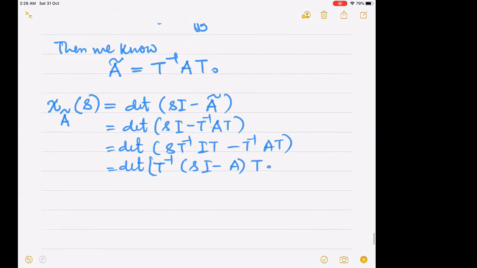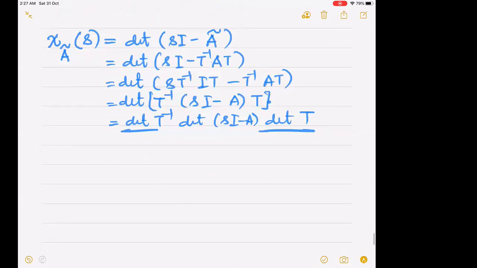Now the determinant has this nice property that the determinant of a product is the product of the determinants. So this is determinant of T inverse, determinant of S I minus A, and determinant of T. The determinant of T inverse and the determinant of T are reciprocals of each other, so they cancel out. This is the same as the determinant of S I minus A, which is the characteristic polynomial.